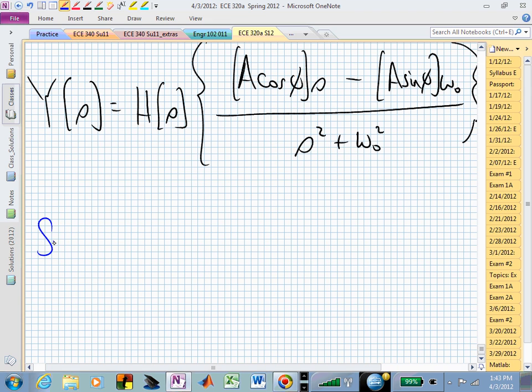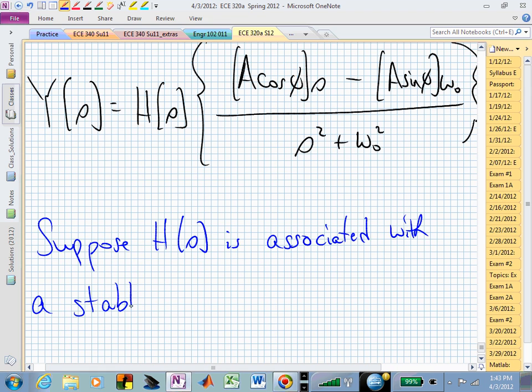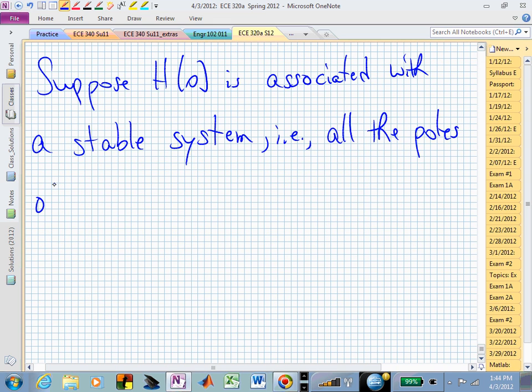Suppose H of s is associated with a stable system, that is, all the poles of this system, H of s, are where?